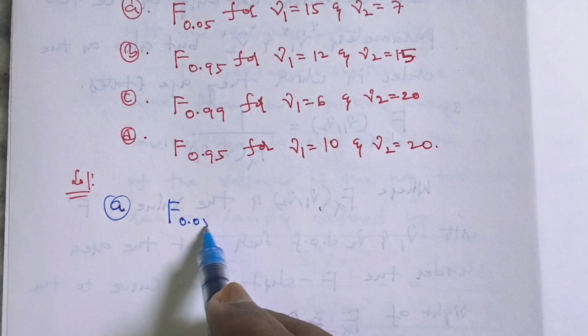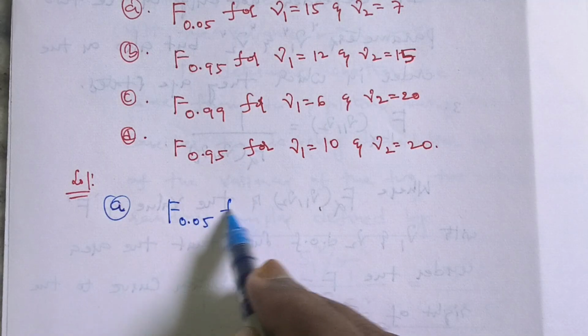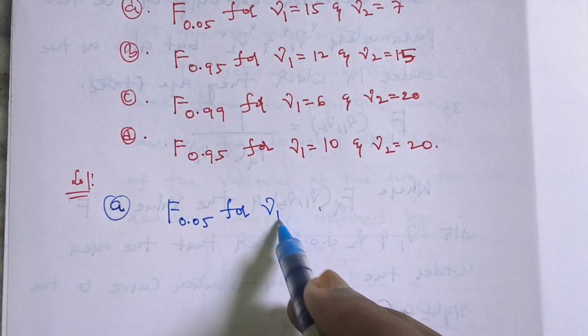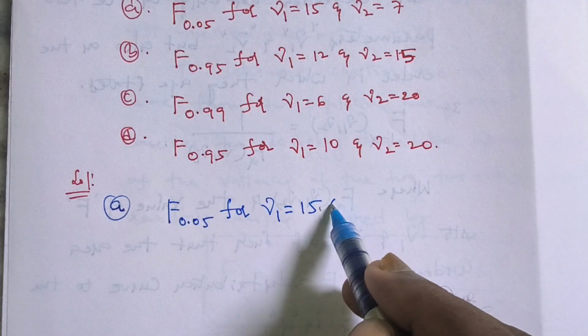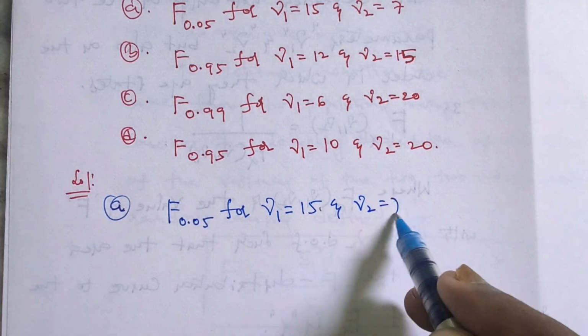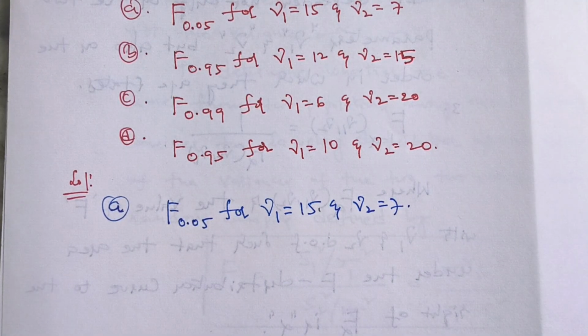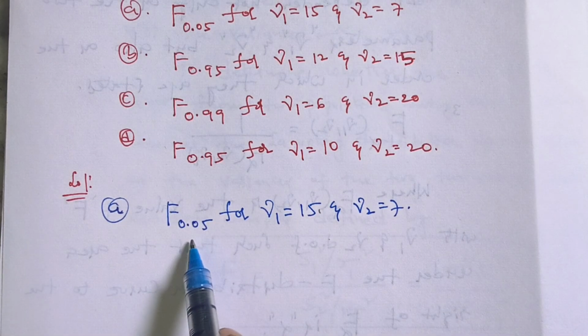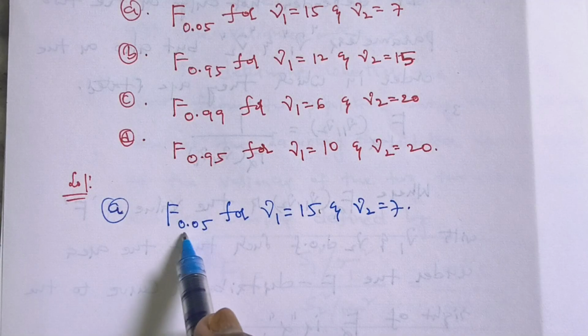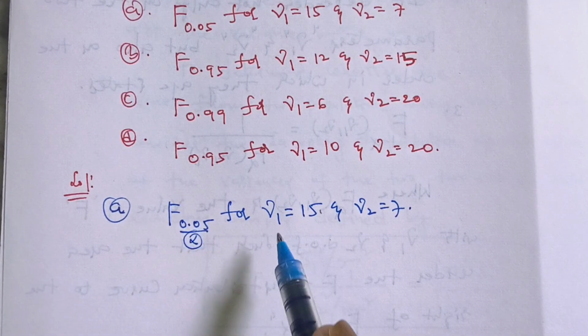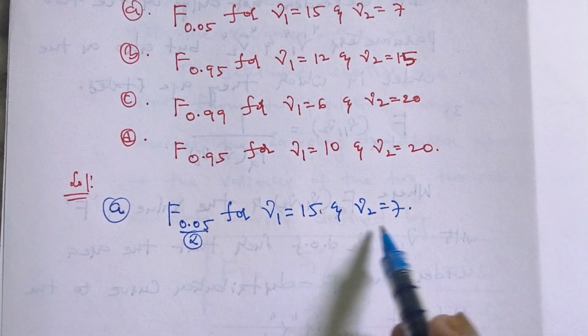Now the first problem is the F 0.05 value for degrees of freedom nu1 equals 15 and nu2 equals 7. Now check the F distribution table, the F 0.05 table. This is the alpha value, meaning a probability value.